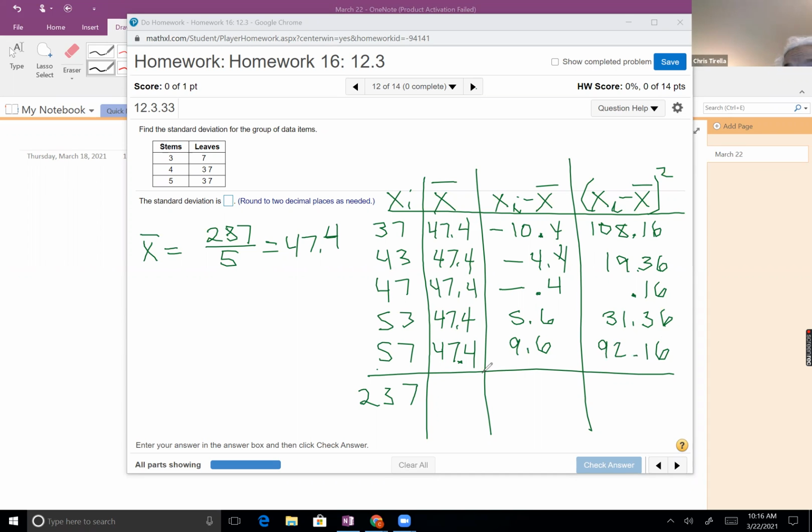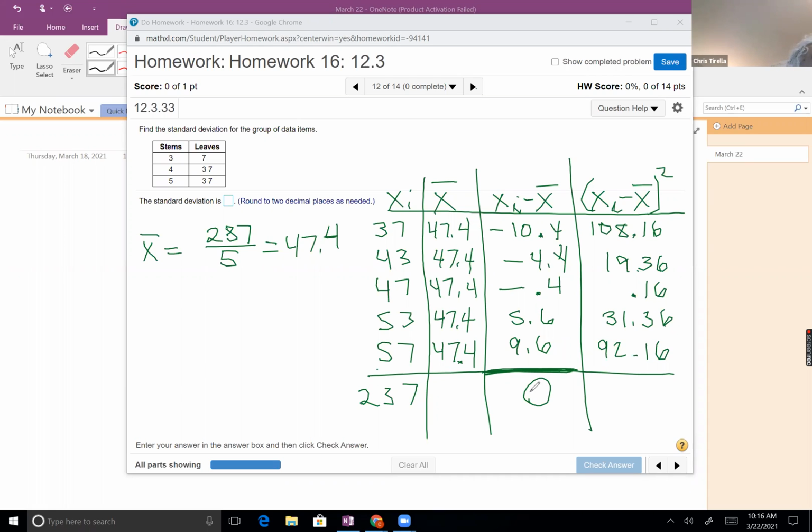Now I'm going to do 2 additions because I like to check. I'm going to add this column. If I take 9.6 plus 5.6 plus negative 0.4 plus negative 4.4 plus negative 10.4, it adds to 0, which makes me happy because I didn't round off. If I don't round off, that column of differences should always add to 0.